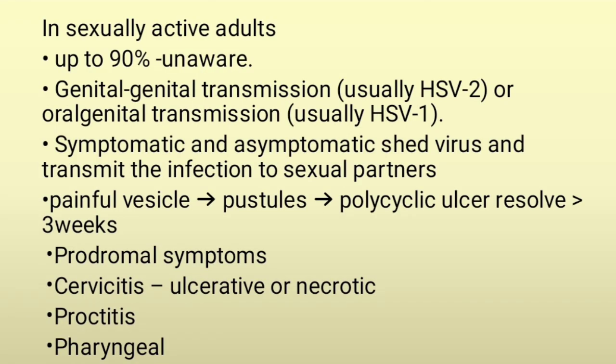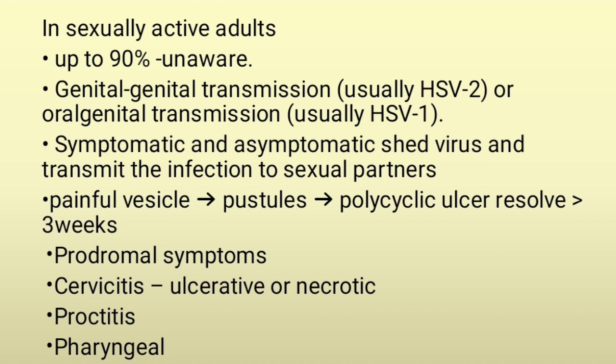In sexually active individuals, 90% of them are unaware that they have herpes simplex virus. Either symptomatic or asymptomatic, with lesions or without lesions, the patient can still transmit herpes simplex. Genital transmission is more common in herpes simplex virus 2, and orogenital transmission is more common in herpes simplex 1.